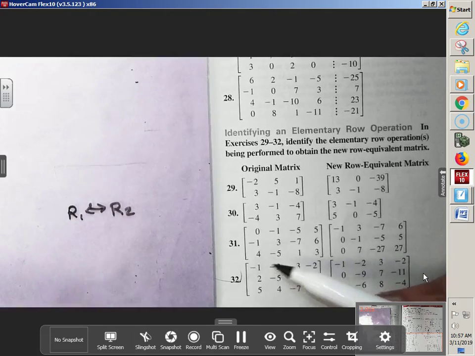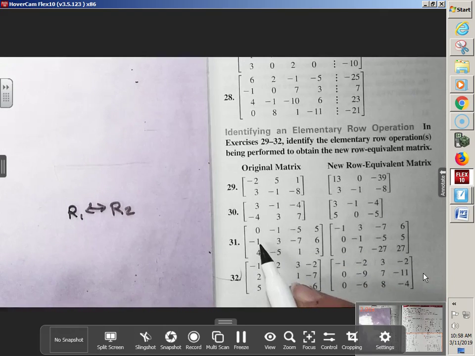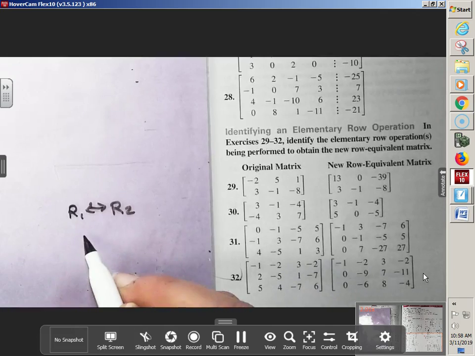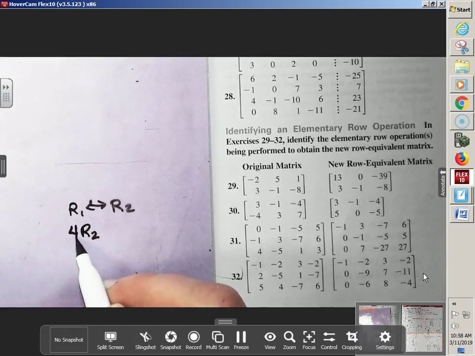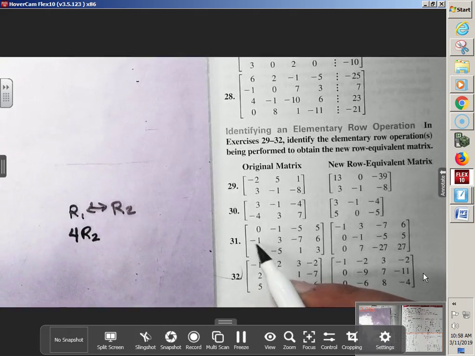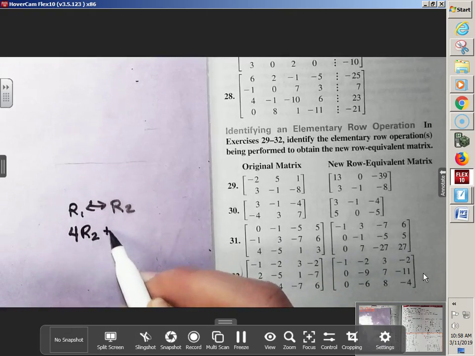Yeah. So then they must have multiplied, I guess it would have been the old R2. They must have multiplied where that 1 was. They could have multiplied by a +4 because there's a -1 there, huh? So +4 could have been multiplied by this guy and then added to row 3.